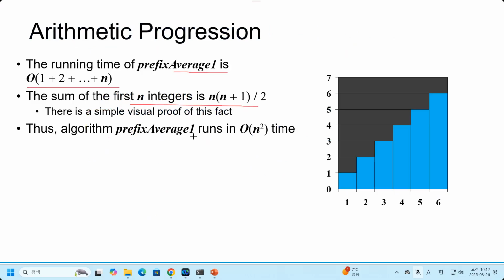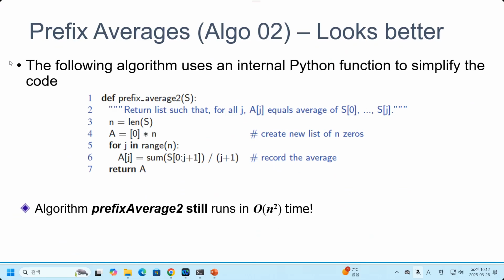So this is the n power of 2 part. We solve it line by line, by the primitive operations in the algorithm. In this case, we can also check: this is 2 operations, this is 2 operations, and this is n operations.